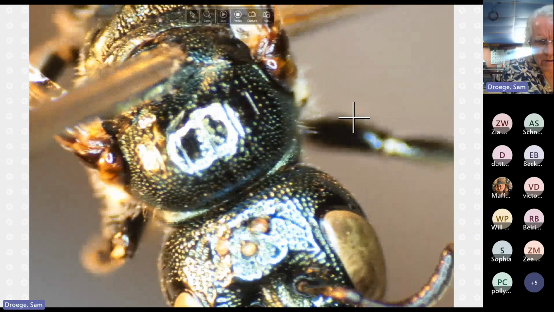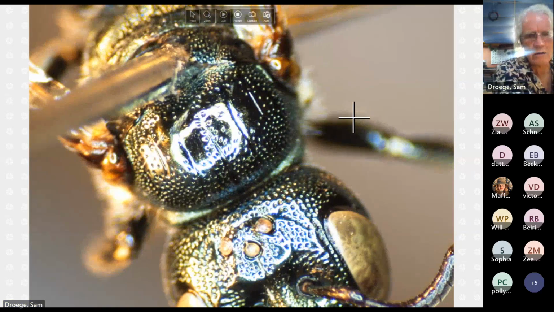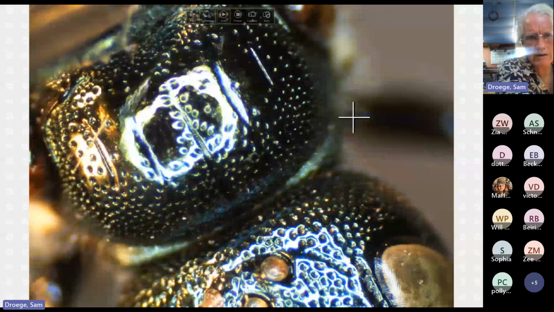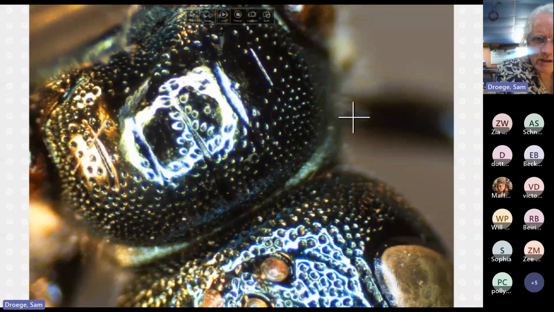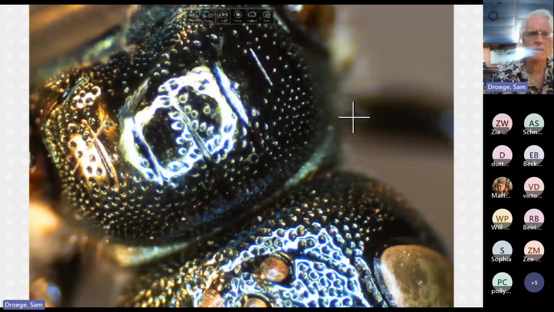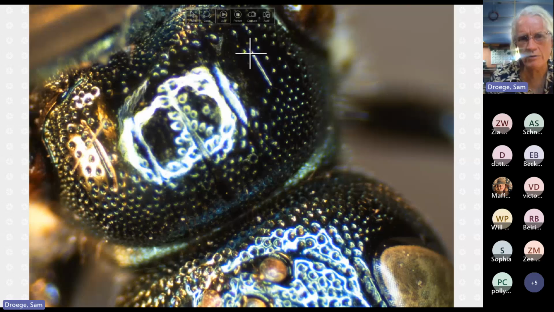I think I'll run this up to higher magnification. We have a reflection thing going on, but to orient, here's a central line. This, I believe, is reflection. Here's the other parapsidal line.